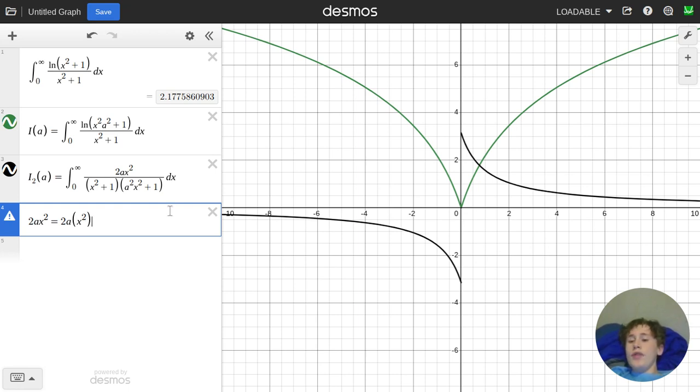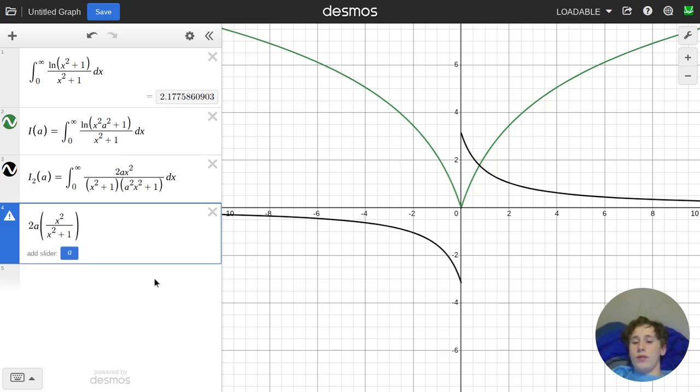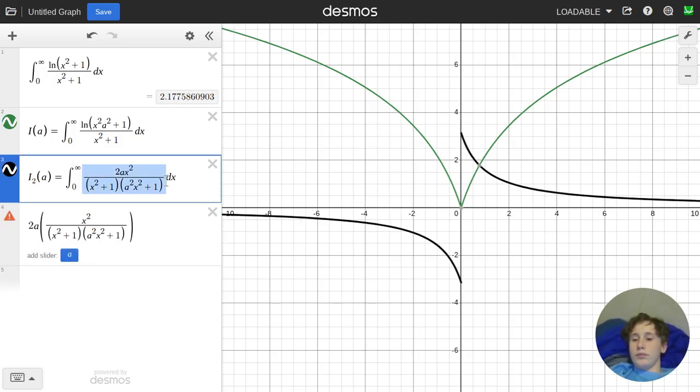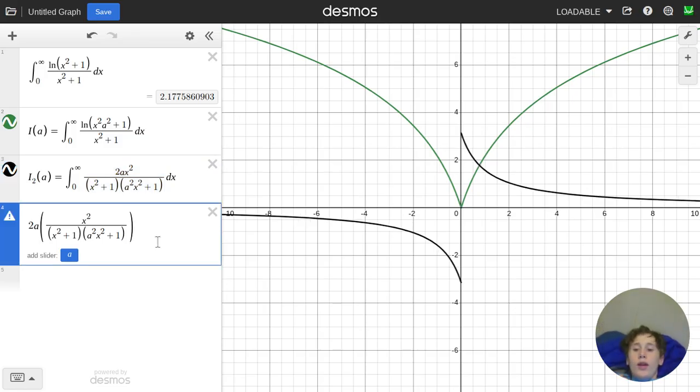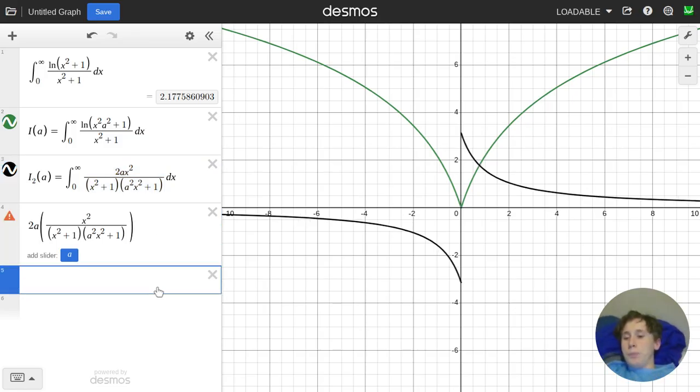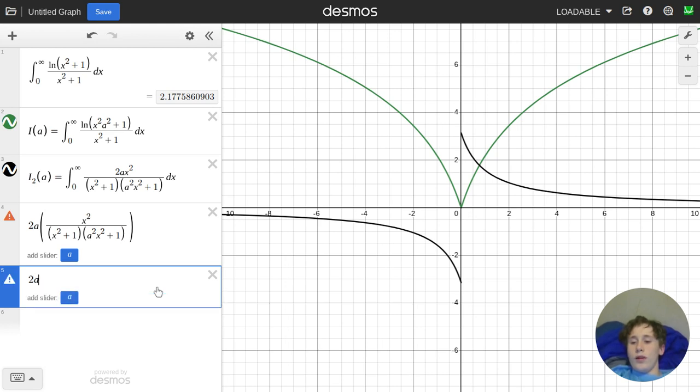So let's just try and rewrite this in terms of a polynomial. That is 2ax squared divided by x squared plus 1 times a squared x squared plus 1. And this is identical to this here. So we can move on from here to 2a.